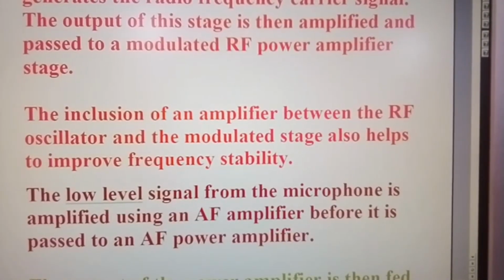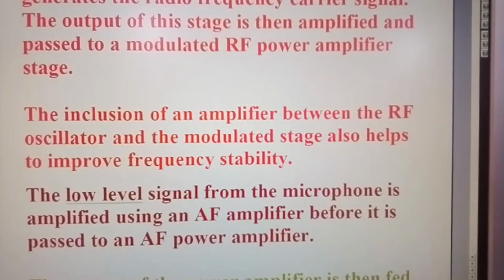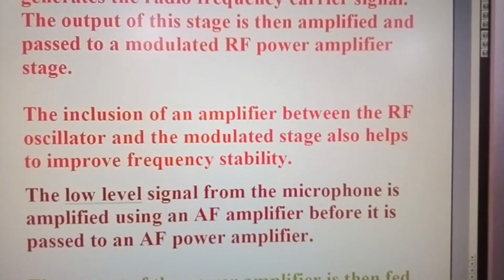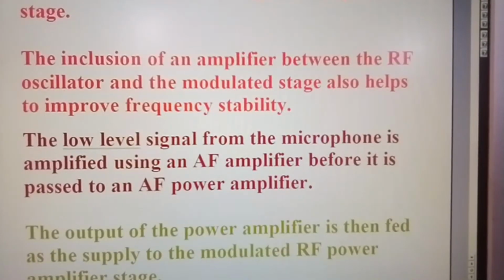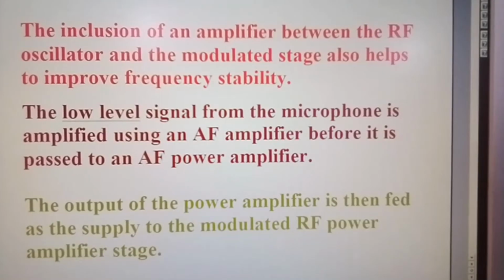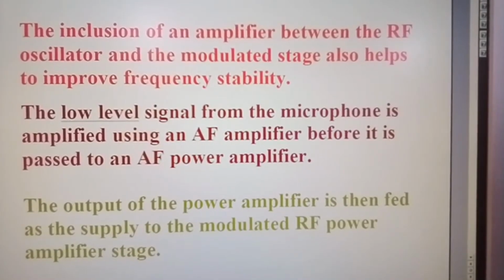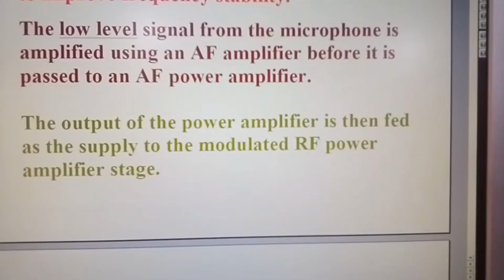The lower level signal from the microphone is amplified using an AF amplifier before it is passed to an AF power amplifier. The output of the power amplifier is then fed as the supply to the modulated RF power amplifier stage.